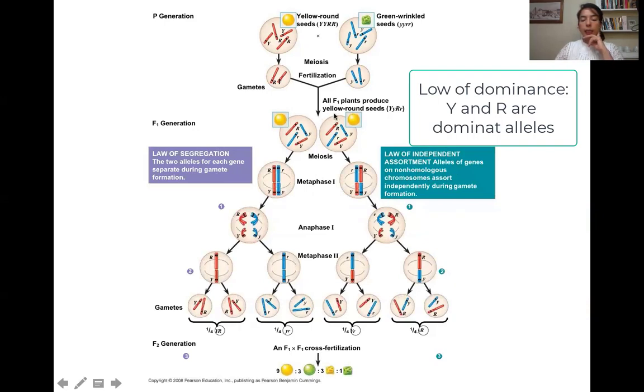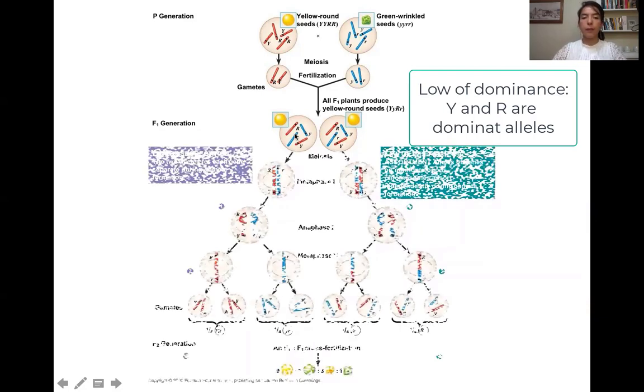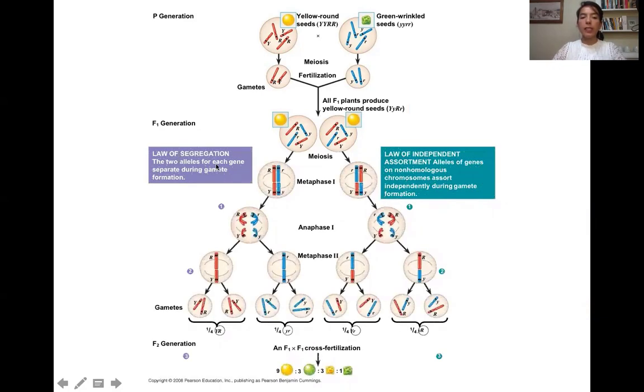This was to explain the dominance. Now, the law of segregation in this case is going to be talking about how the alleles from each parent are going to be separated during meiosis, and at the end you're going to have gametes with only one copy.